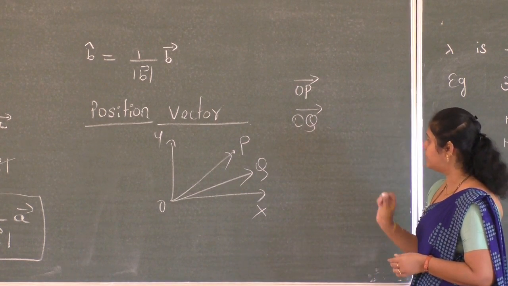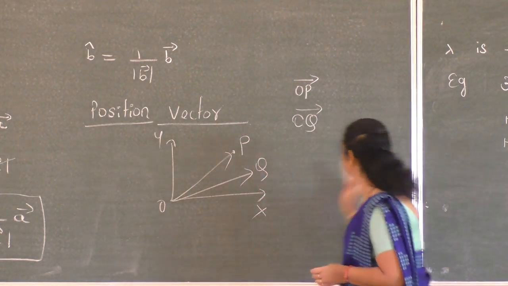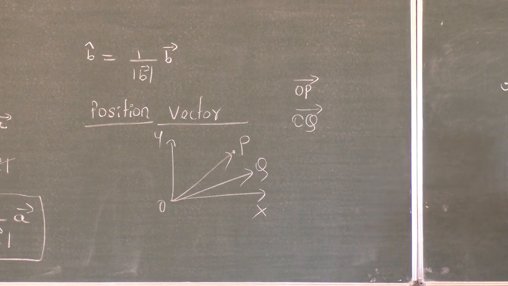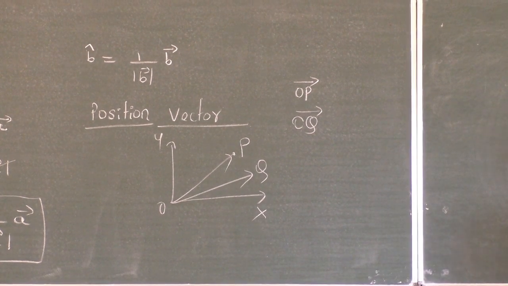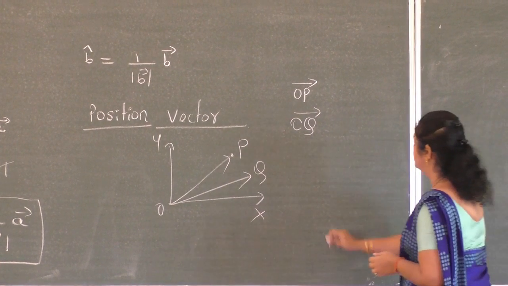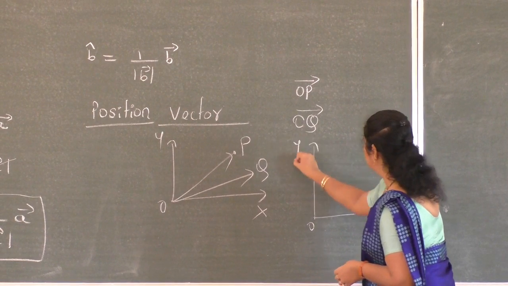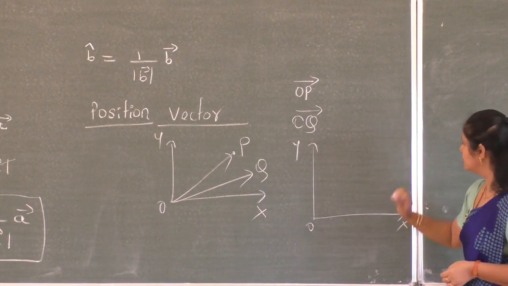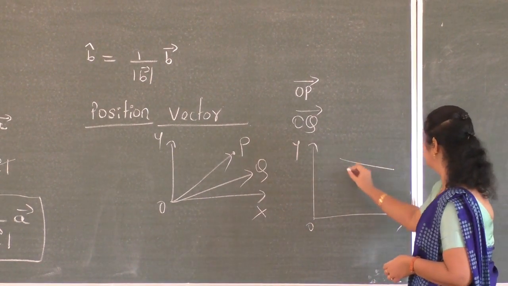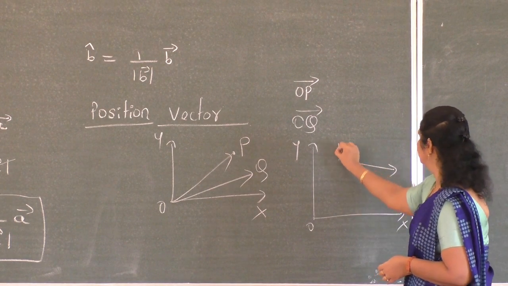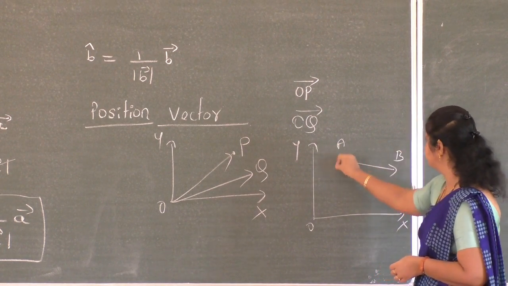Okay, now suppose in this 2D plane we have one vector, vector AB.